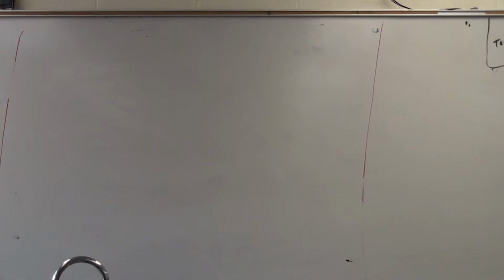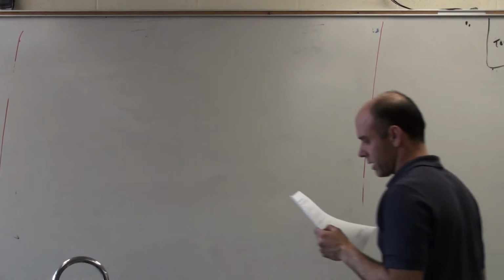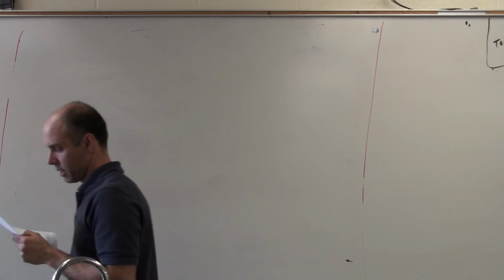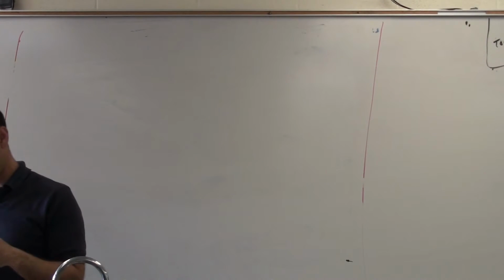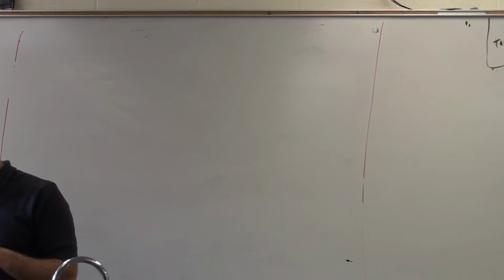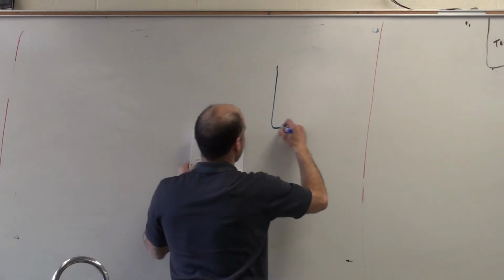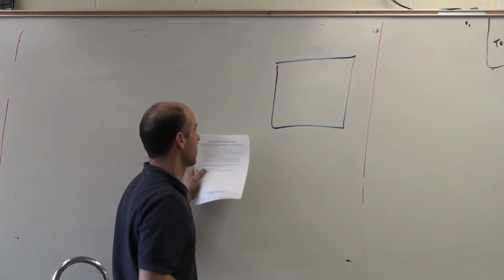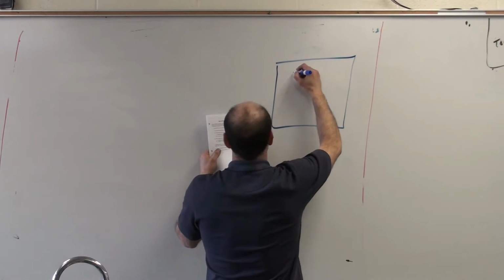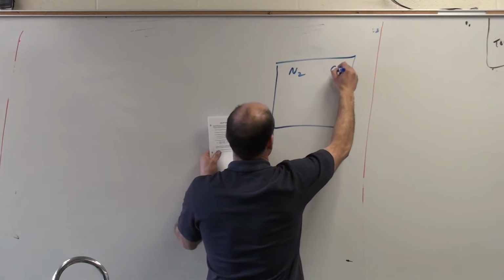So you've got a rigid 5-liter cylinder that contains nitrogen and oxygen gas. Calculate the total pressure of nitrogen and oxygen, okay? So we've got a cylinder, it's rigid, so it's not going to change shape. It's got nitrogen and oxygen.